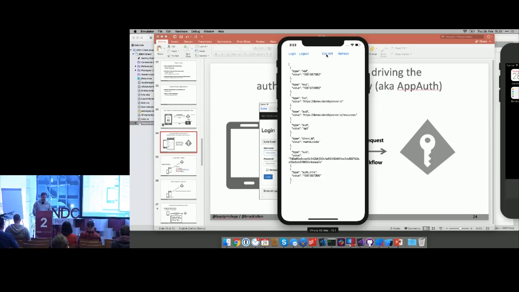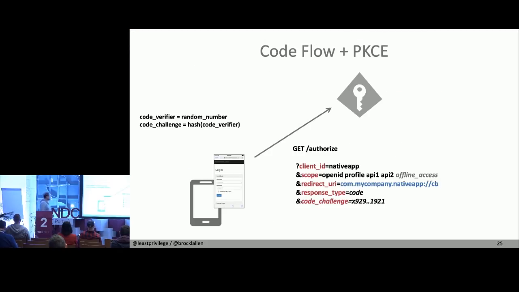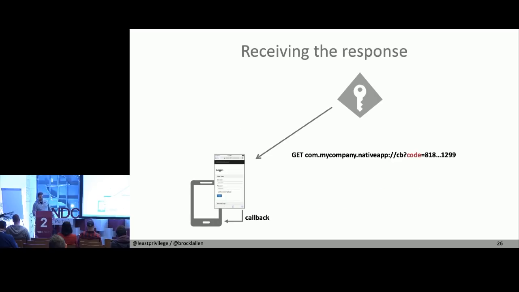So that's a pretty good technique, I think. How does it work? Basically, by registering a special redirect URI with the operating system, and when the browser comes back to this URI, the operating system will do a callback to the application where this URI belongs to. And that's how you get back your code.